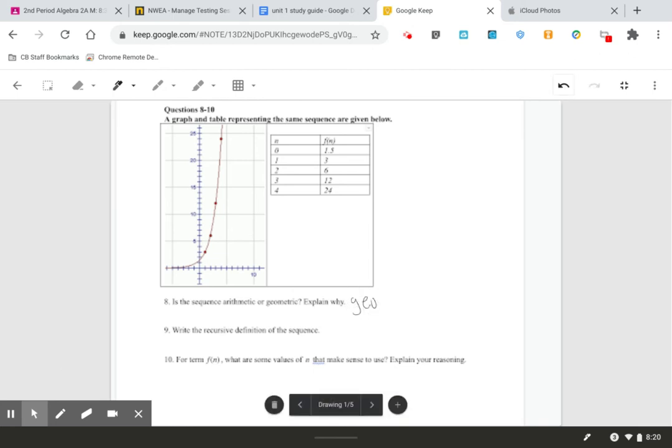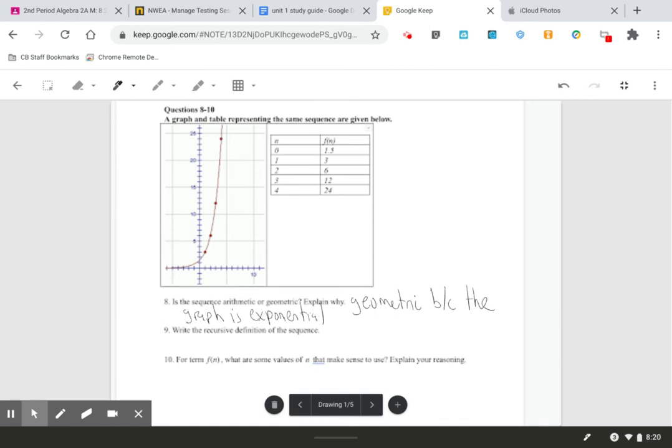The reason I'm going to give is it's geometric because the graph is exponential. So remember, if the graph is exponential, then it's geometric. If the graph is linear, it's arithmetic.